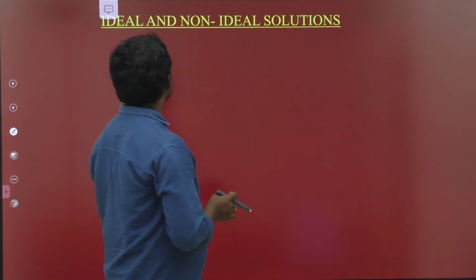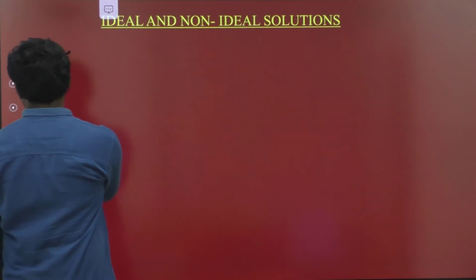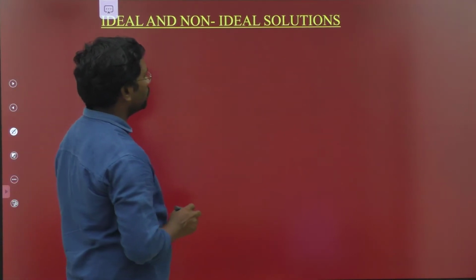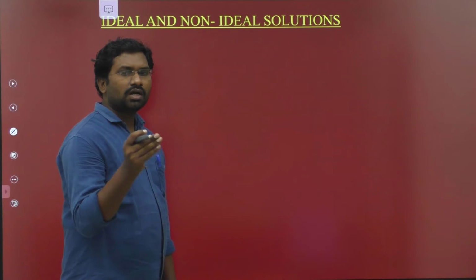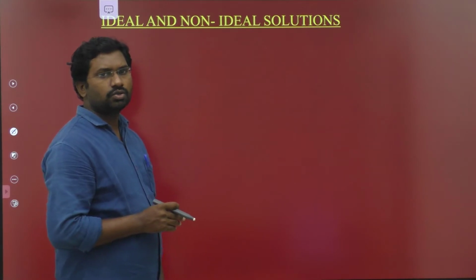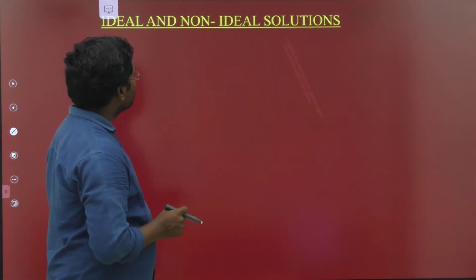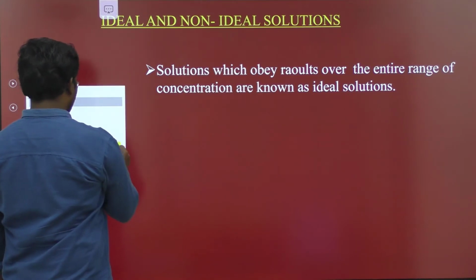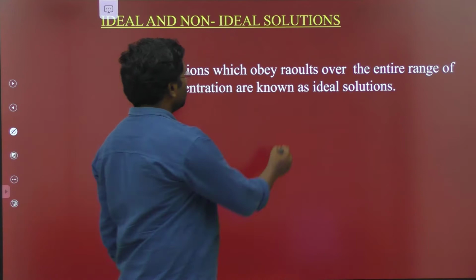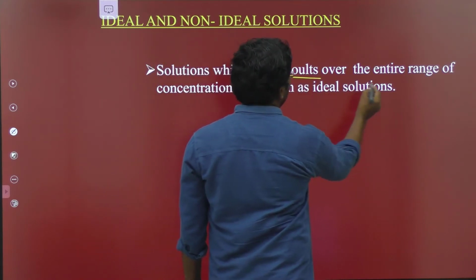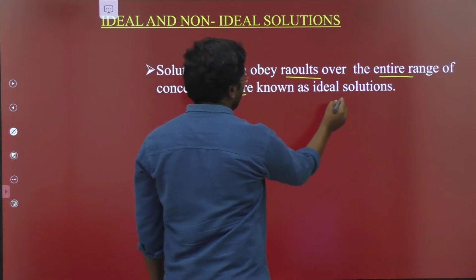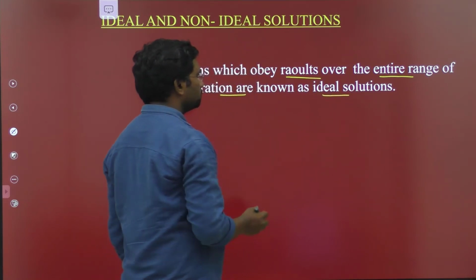Next, come to the concept of ideal and non-ideal solutions. What are ideal solutions and what are non-ideal solutions? So look at the definition. Solutions which obey Raoult's law over the entire range of concentration are known as ideal solutions.